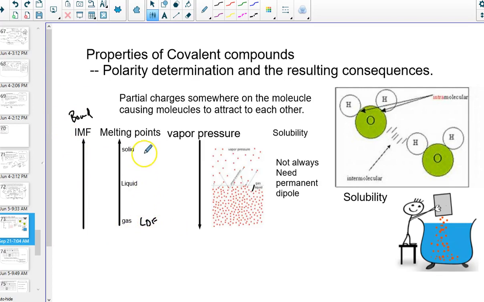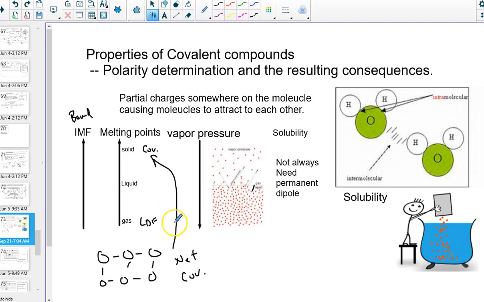As you go up, if the thing holding it together is covalent, I'm not talking about something like water here. If you have a substance that's actually held together by covalent bonds, we call that network covalent. Then this thing's going to have super high melting points.